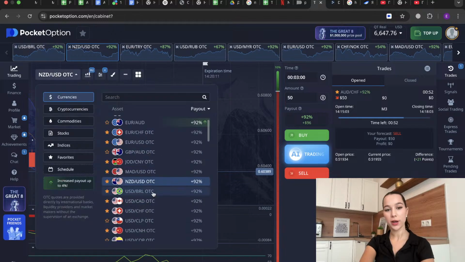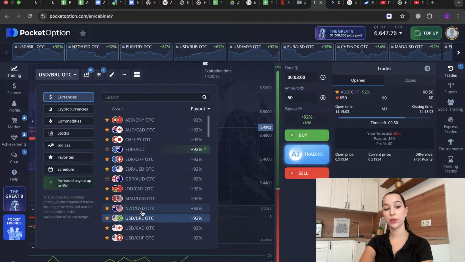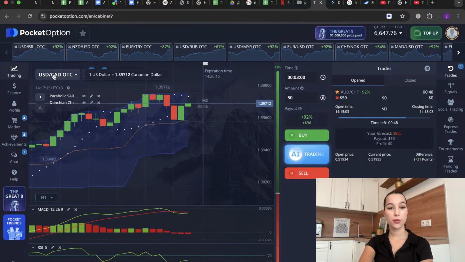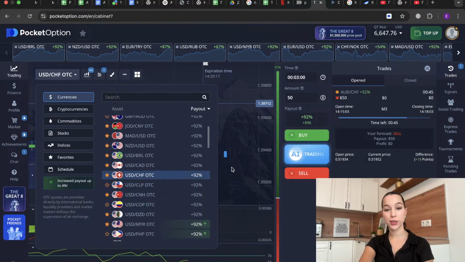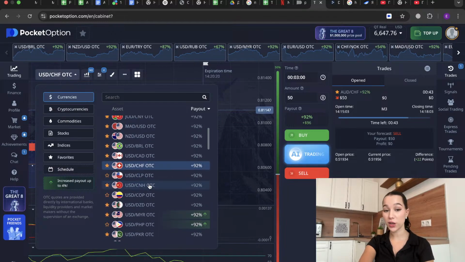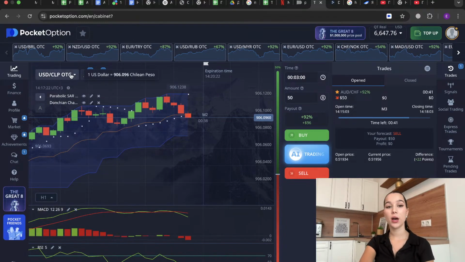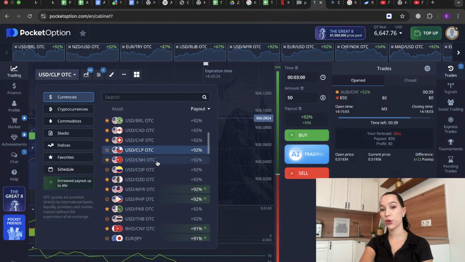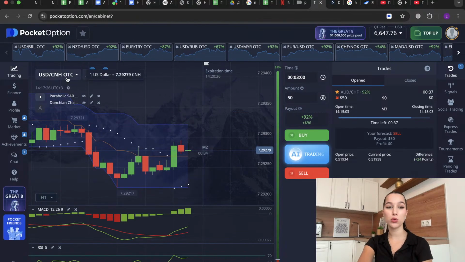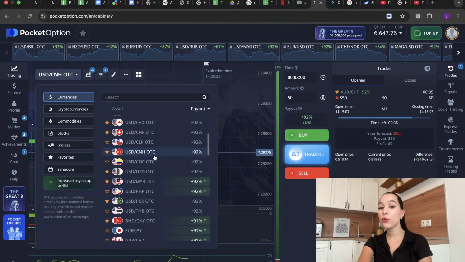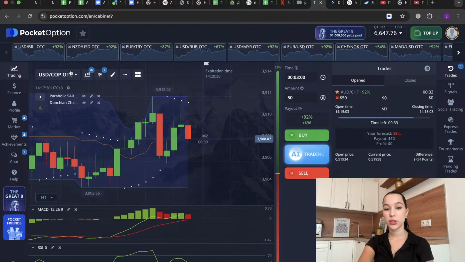So we need to find a chart with consistent upward or downward trends for the moment, so we can trade by the trends. Actually, it's my favorite kind of strategy of trading in binary options, because it's the easiest one and the most careful one also, so you don't risk that much.